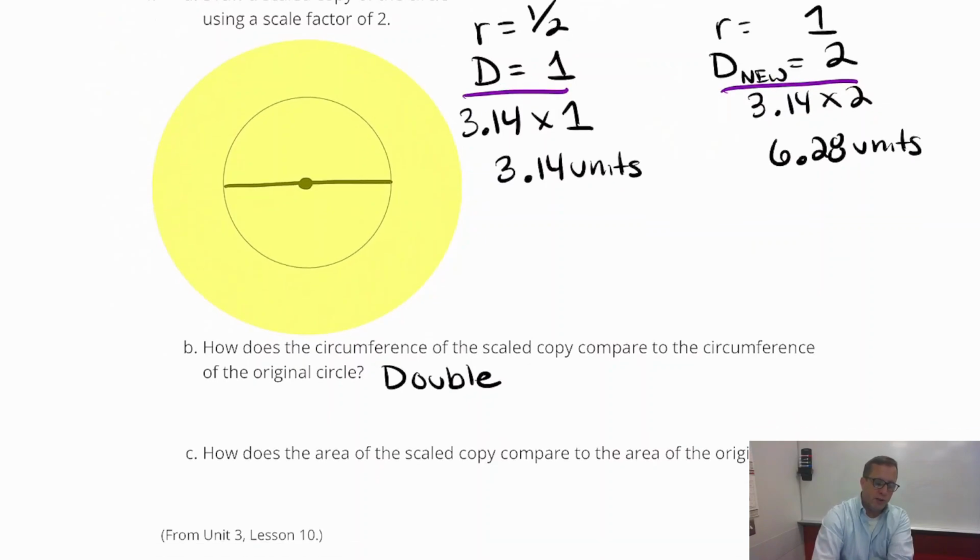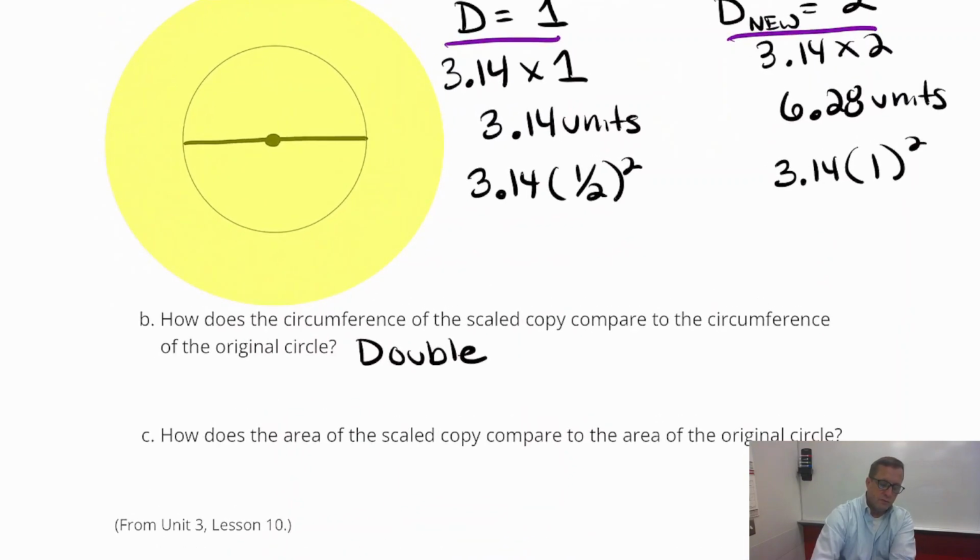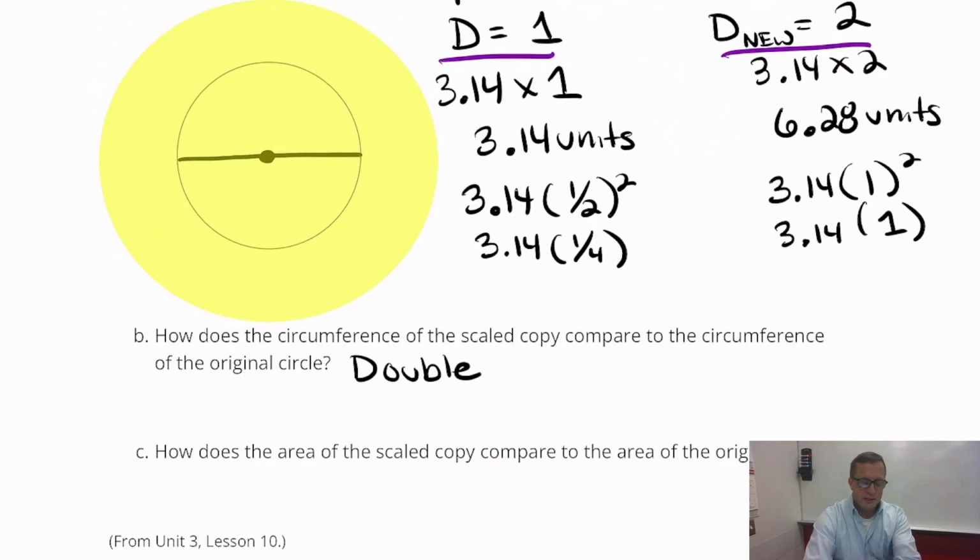To find the area of a circle, we're going to do pi times radius squared. So it's going to be 3.14 times 1/4 on the first one, and 3.14 times 1 on the other one. 3.14 times 1/4 is 0.785 square units.